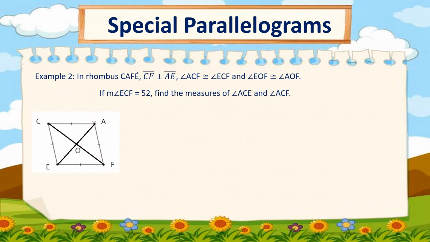Example number 2. In rhombus CAFE, CF is perpendicular to AE, meaning at their intersection, there are 90-degree angles formed. Angle ACF is congruent to angle ECF.